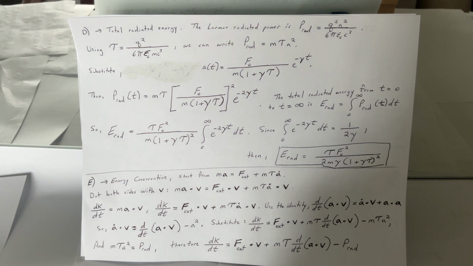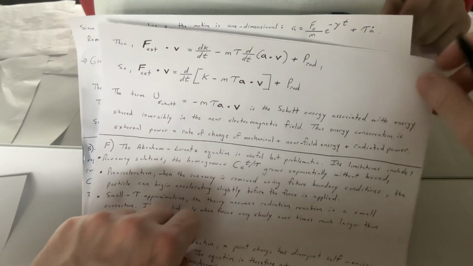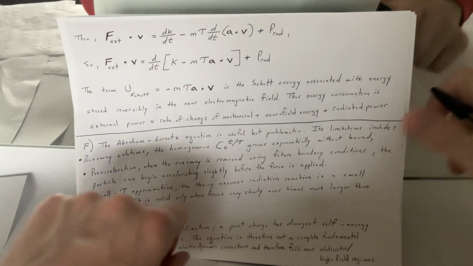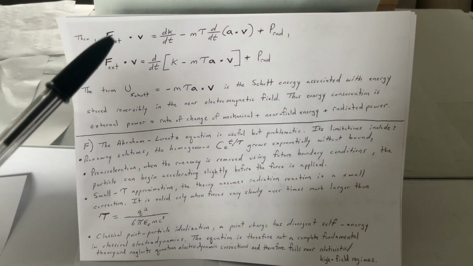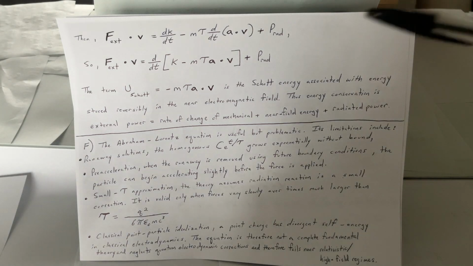Now, building on that, F_ext dot v equals dK/dt minus m tau d/dt of a dot v plus P_rad. So F_ext dot v equals d/dt of [K minus m tau a dot v] plus P_rad.